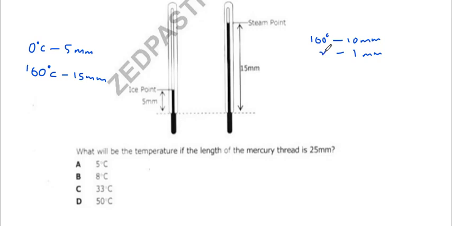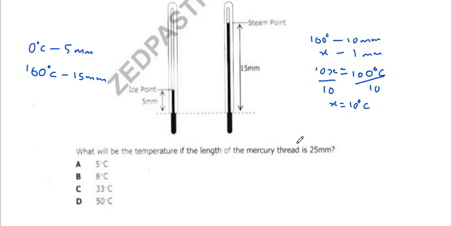What is the temperature change for every 1 millimeter that the thread has moved? So we cross multiply, we would have 10x equal to 100 degrees Celsius. And we divide both sides by 10. For every 1 millimeter moved, we would have 10 degrees Celsius. Okay? For every 1 millimeter, we have 10 degrees Celsius.